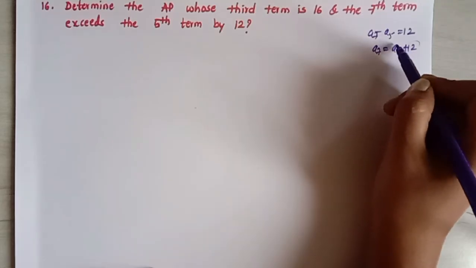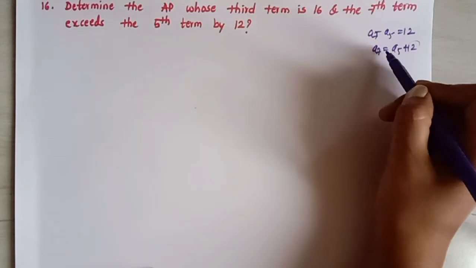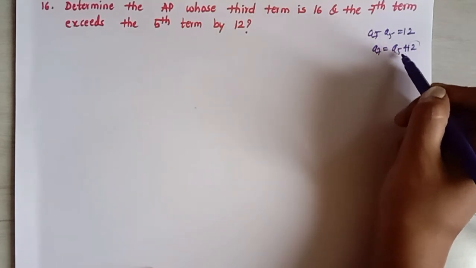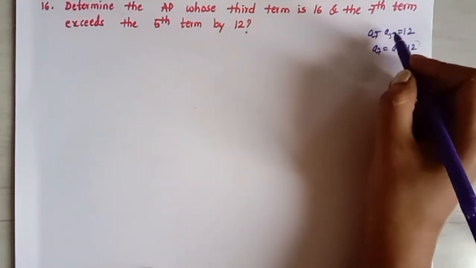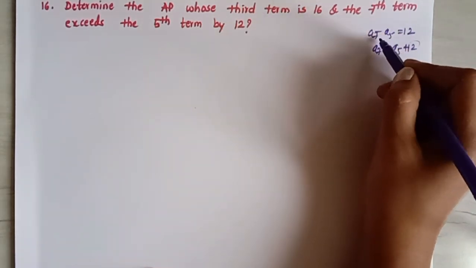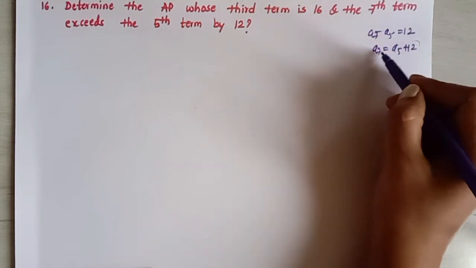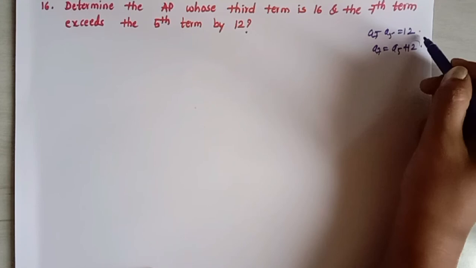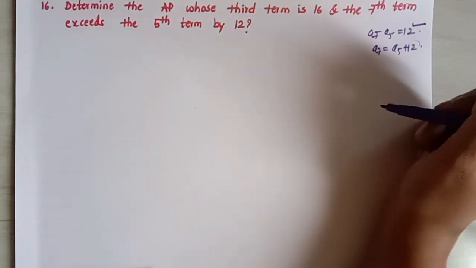Here, exceeds the fifth term means this A7 term is 12 more than this A5 term. Therefore, we can take the difference A7 minus A5, or else A7 equal to A5 plus 12. We can take any one of these. Let us take this one.